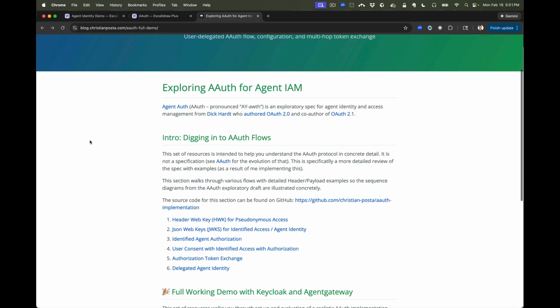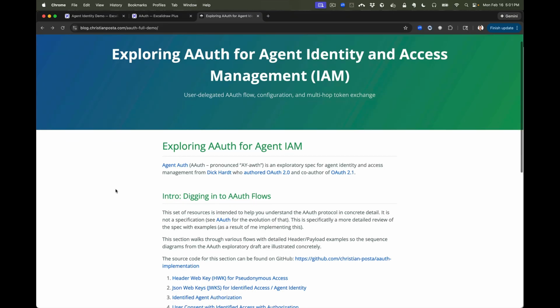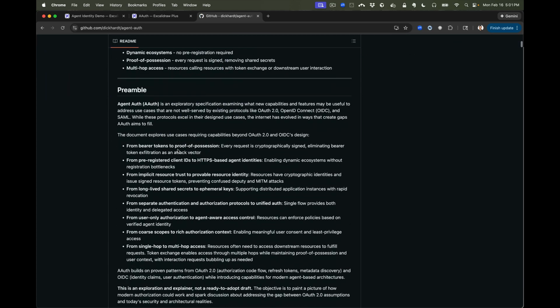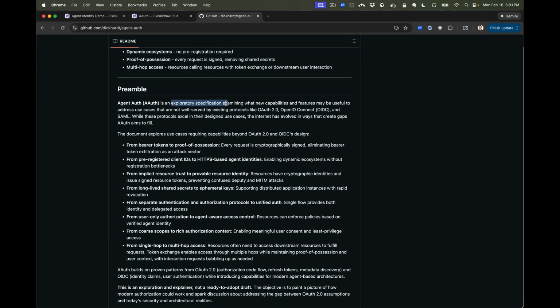digging into the AAuth spec. It is still early for the spec, and the author, Dick Hardt, who correctly points to it as an exploratory spec, really is focusing on the various patterns like progressive authentication, things like agent identity, eliminating bearer tokens, things like delegated identity, eliminating implicit resource trust, token exchange across multiple identity providers.